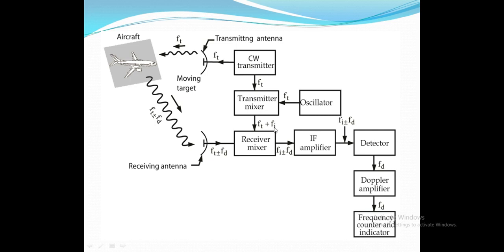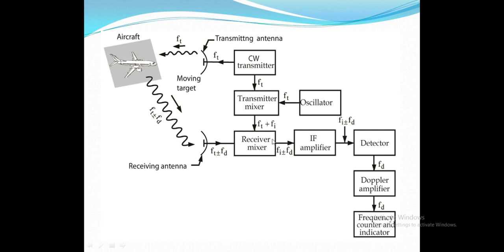The receiver mixer receives the echo signal, that is Ft plus or minus Fd, and the transmitter mixer output, Ft plus Fi, and mixes them to produce the output of Fi plus or minus Fd.